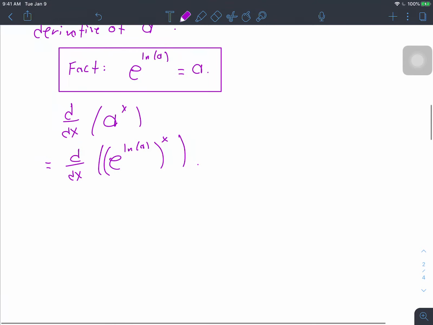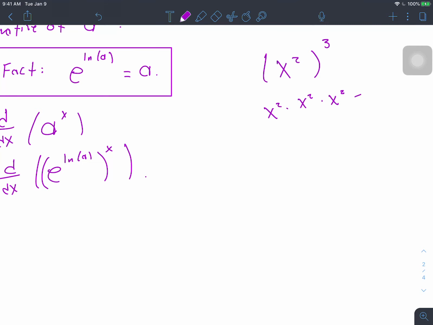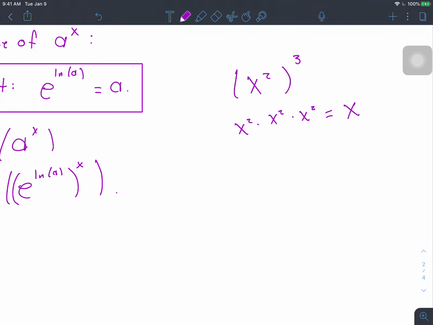Let's have an example, okay? If I do x squared and I cube that, that's the same as doing x squared times x squared times x squared. What would I get if I did all that? X to some power, what's the power? 6.